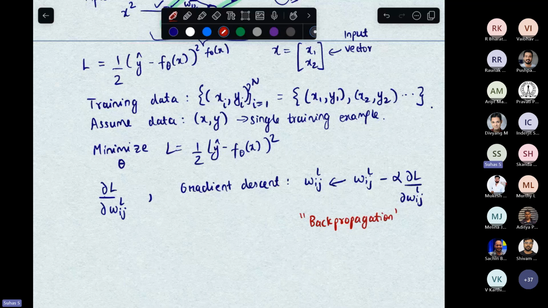This is back propagation through gradient descent.